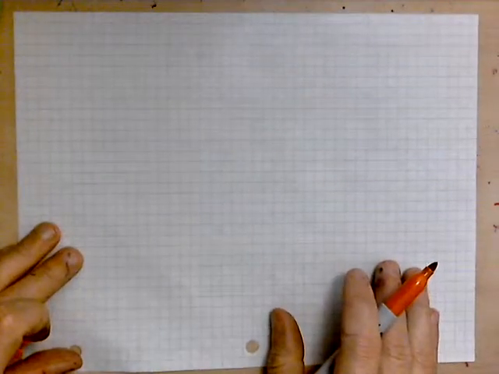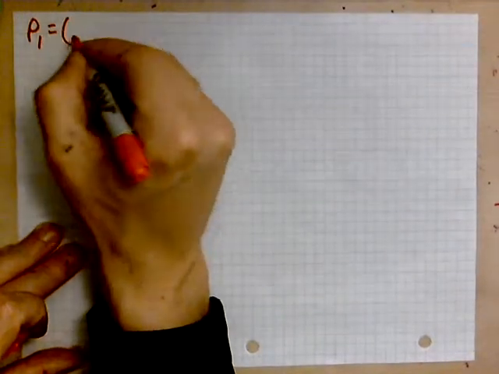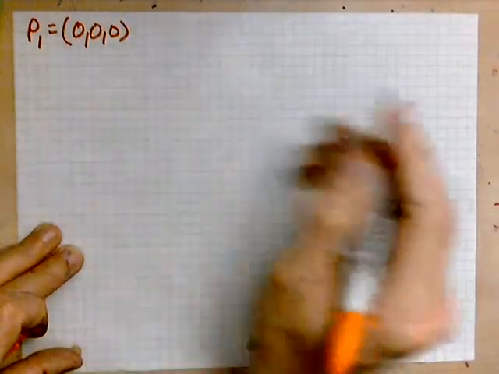So we have 3 points. And let's make this bright so you can see it. Point 1 is given as follows. It has the coordinates 0, 0, 0.